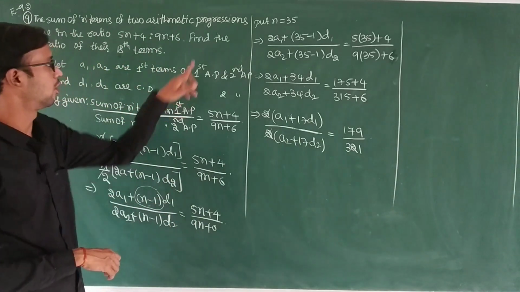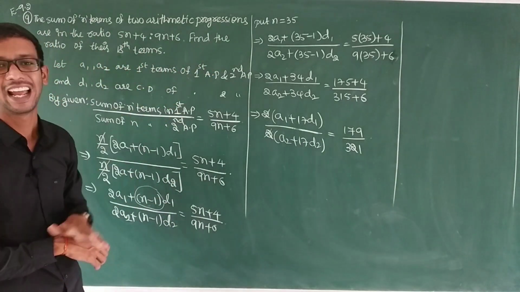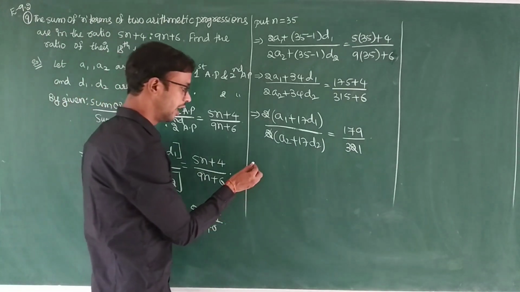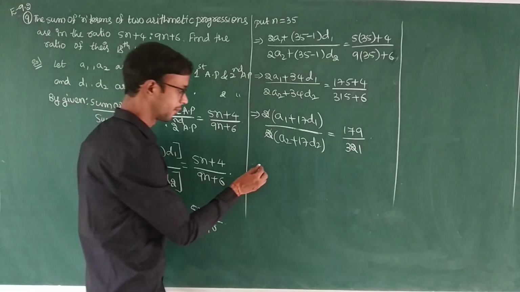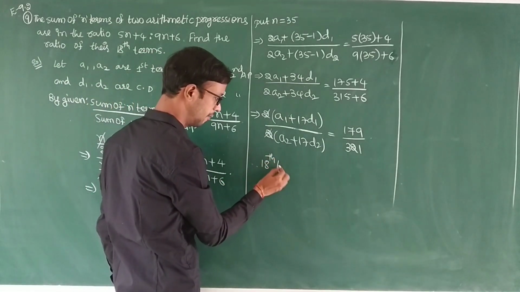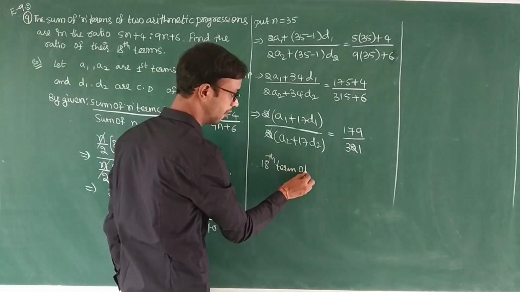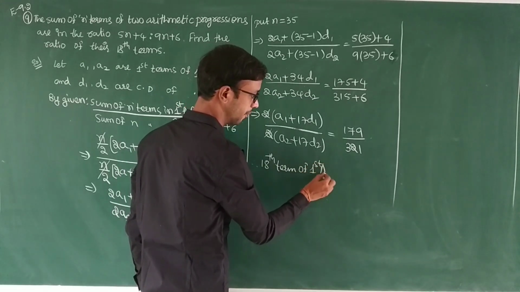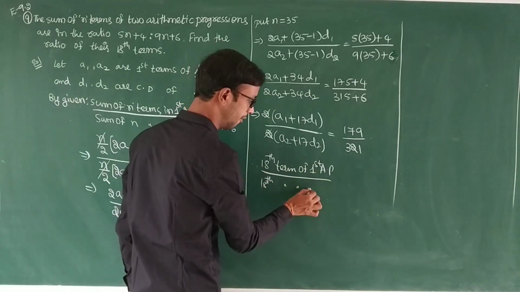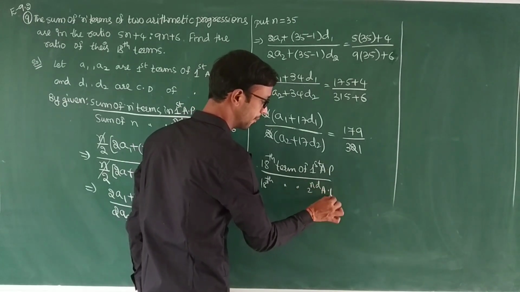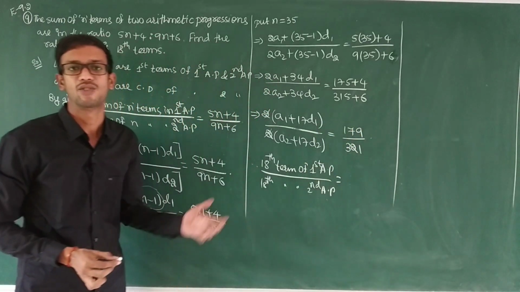Now I'll take the question. Find the ratio of the 18th terms. Therefore, the ratio of the 18th term of the first AP divided by the 18th term of the second AP is asked.